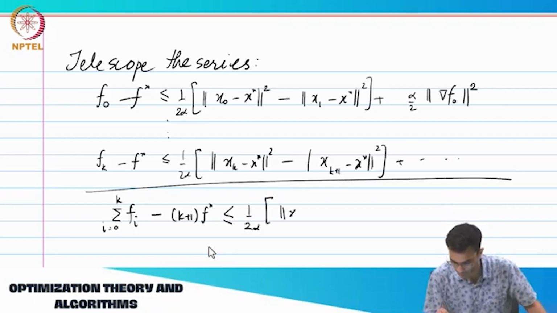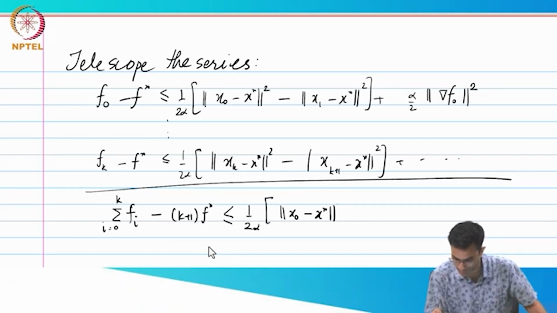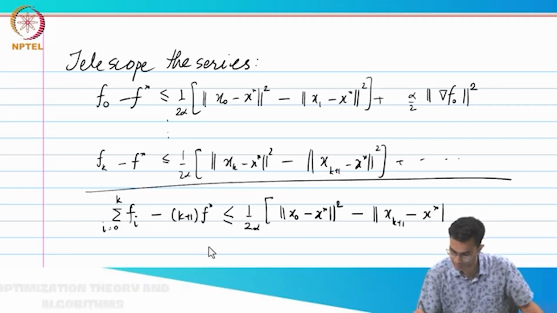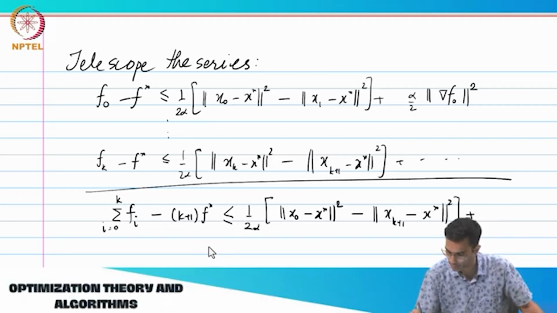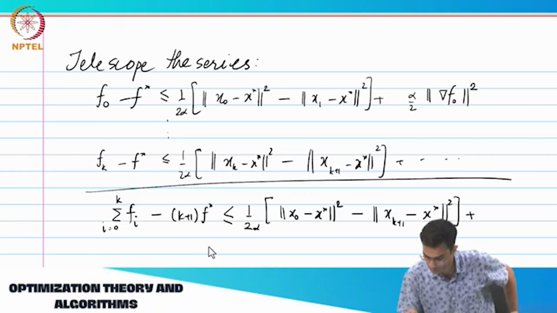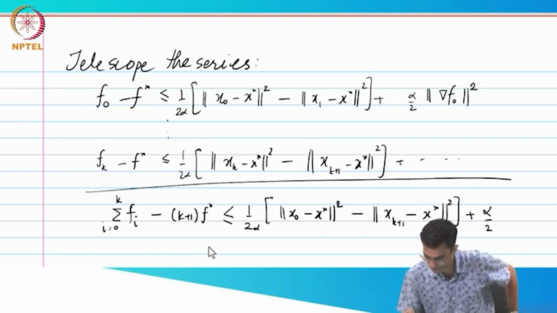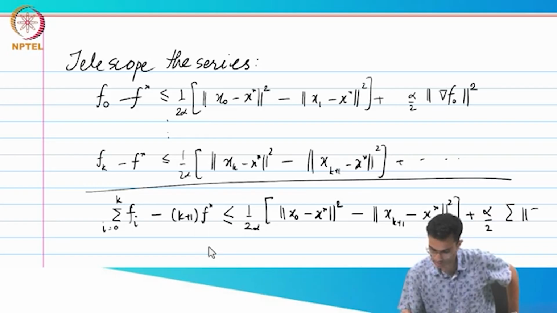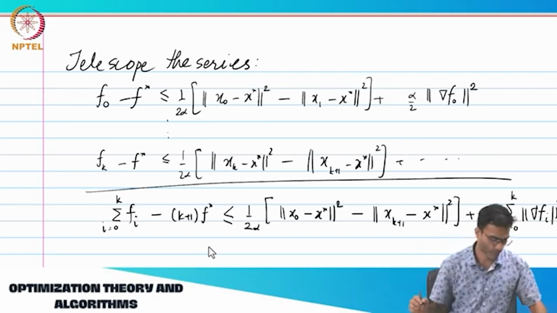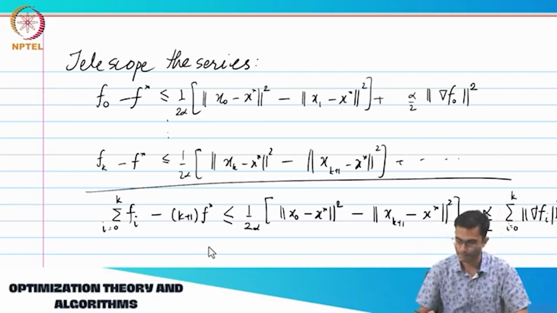So I have x naught minus x star whole squared minus xk plus 1 minus x star whole squared. Does this other final term cancel? Negative, right? So this guy is going to be there as well.